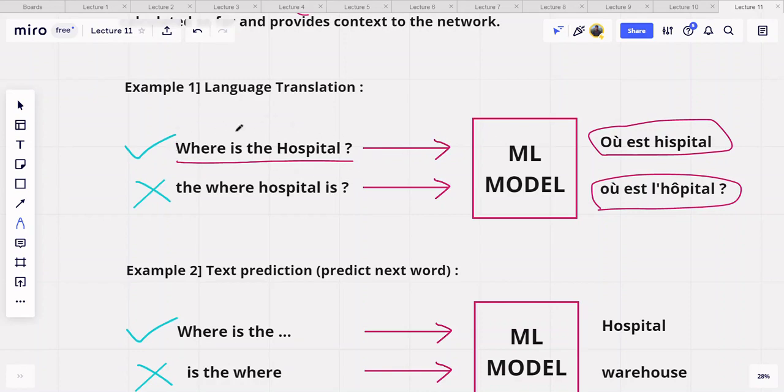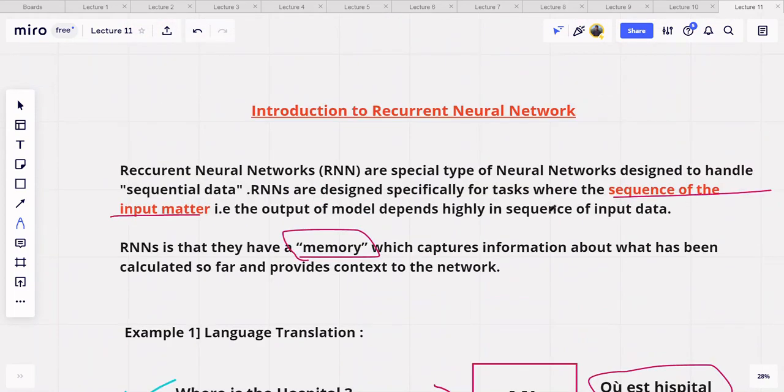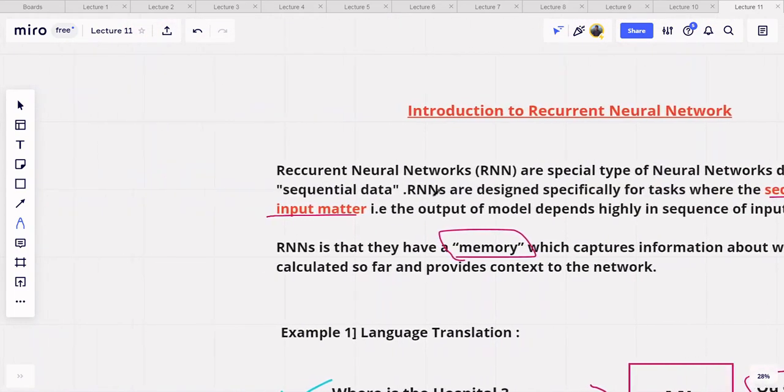We cannot have a fixed length or fixed size of input. And depending upon the size of the input, the length of the output also changes. So this is one major difference between RNN and the other models.